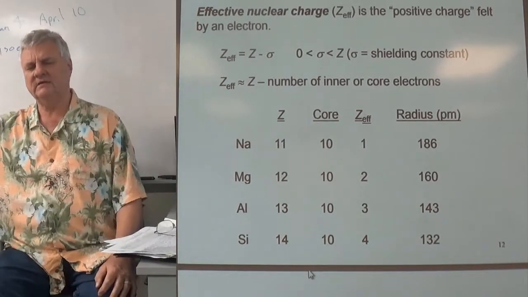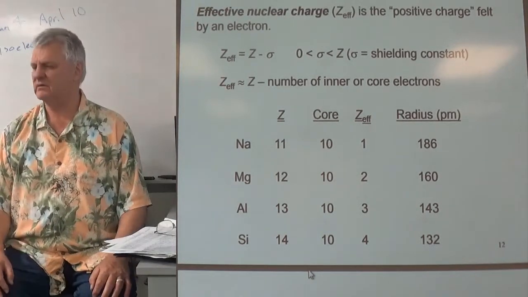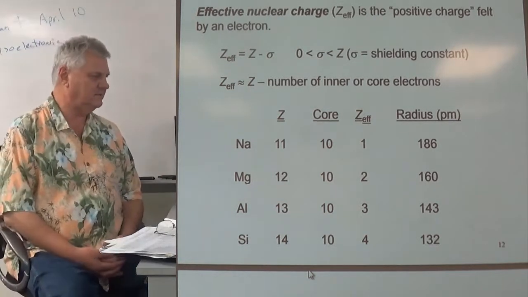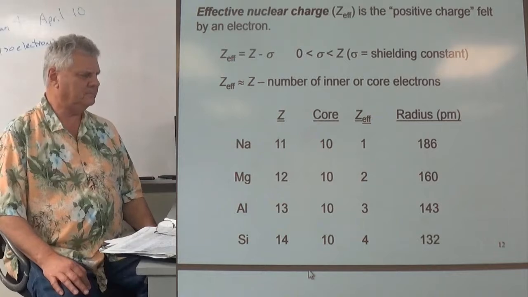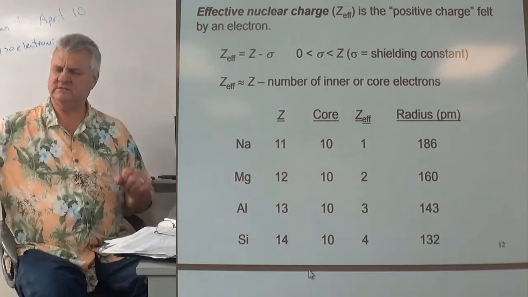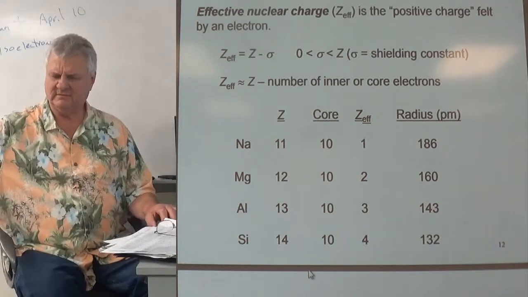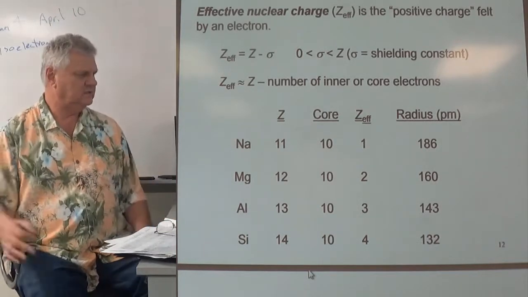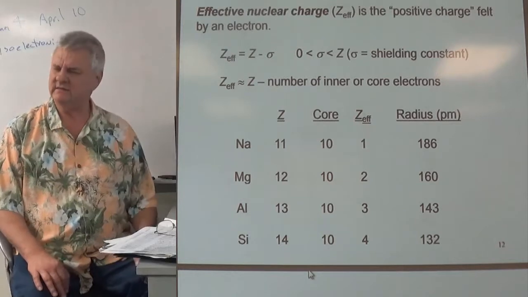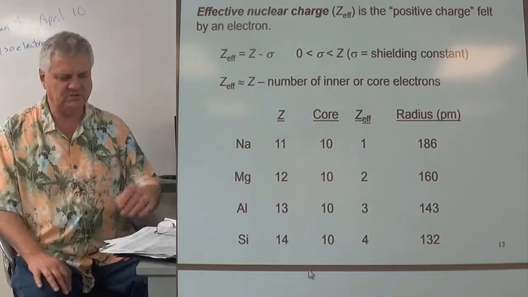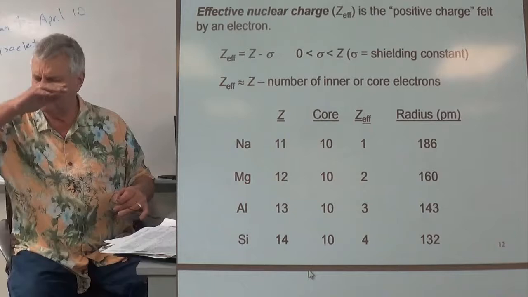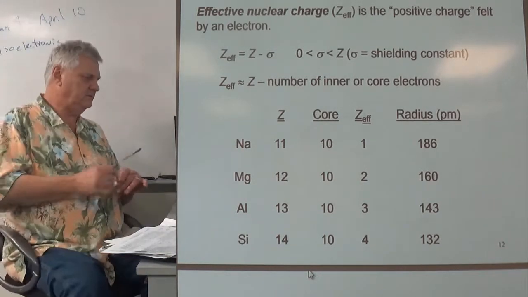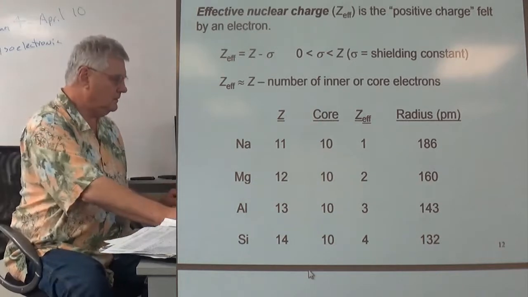That affects what the positive charge is that the outer electrons are experiencing. And so that's what the term means, effective nuclear charge. And since the positive charge that's felt by the outermost electrons is less than the charge in the nucleus, we say that some of that positive charge is shielded because of the other electrons in the inner orbitals that are between them. Okay?